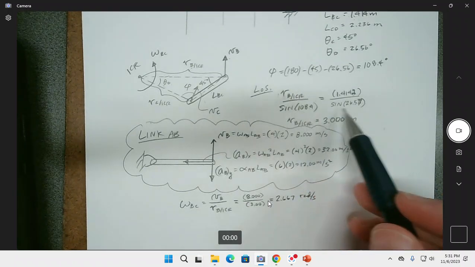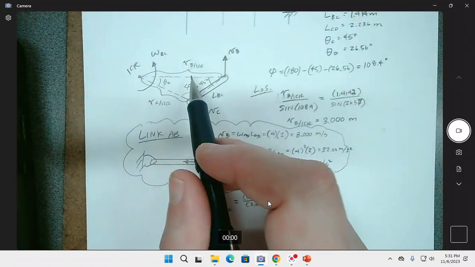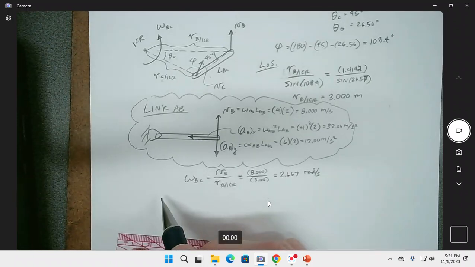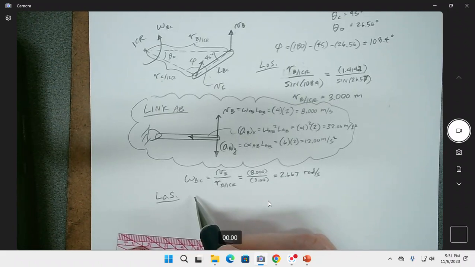Now, a sensible person would have already figured out what our RC with respect to ICR is, but I totally forgot to. So let's just keep writing it down here in our stream of consciousness approach to things. It's kind of fun for some people, but not everyone.